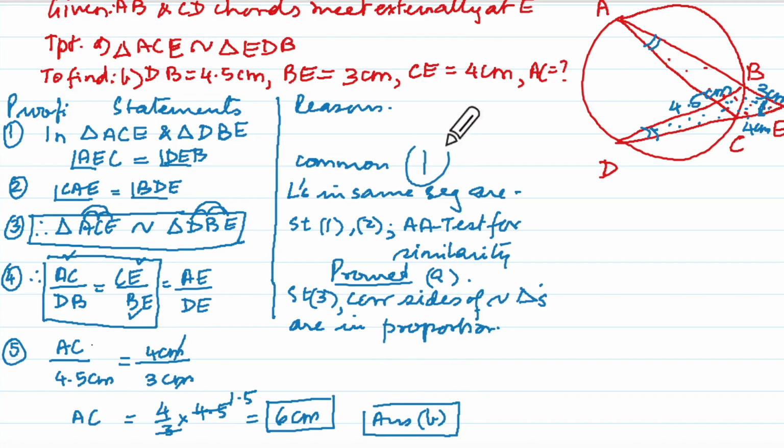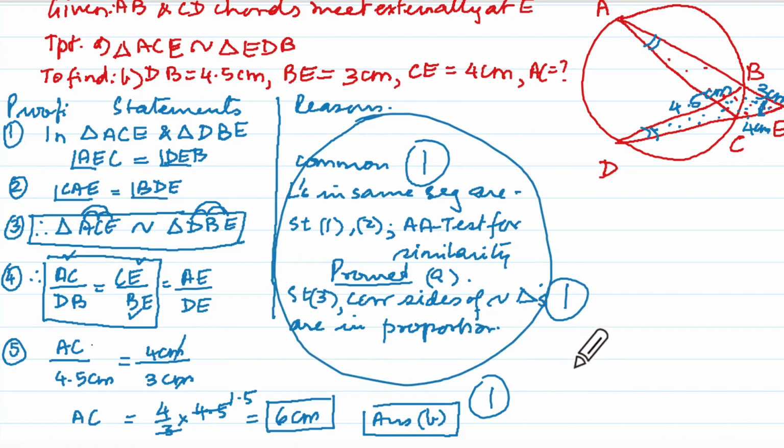You will get 1 mark for proving similarity, this for writing the ratio, and this for getting the answer. Any one of this is missing, 1 mark will go. Understanding? So do not skip the steps.